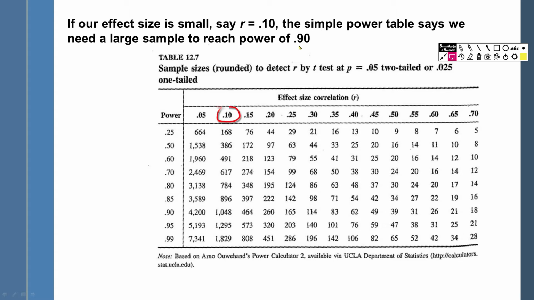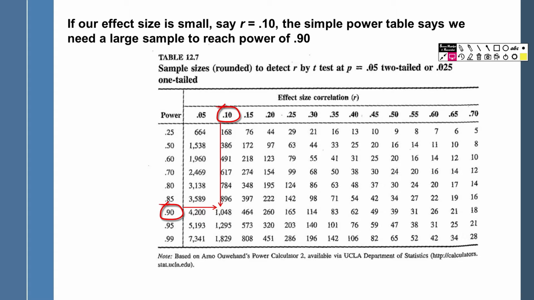So how many people do we need? Well, you identify the effect size in the column header, and then the power that you want is down here, 0.9. Cross-index those, and it tells you we need 1,048 people in our study in order to reach power equals 0.9.